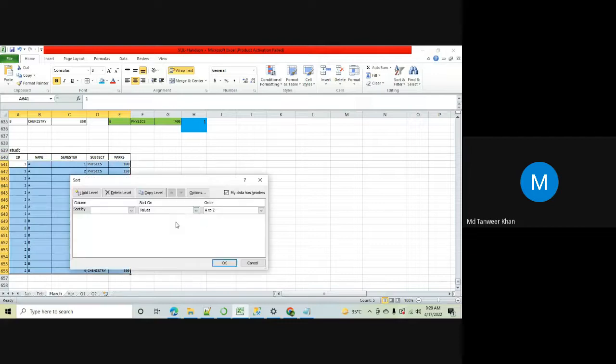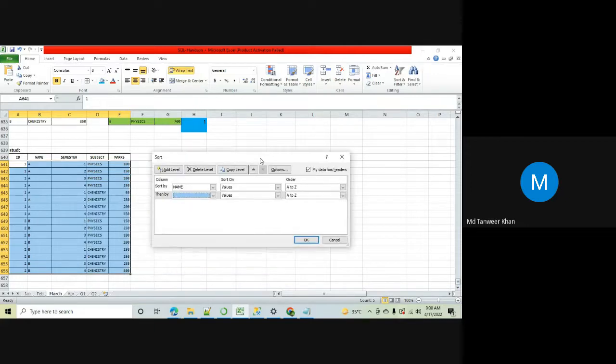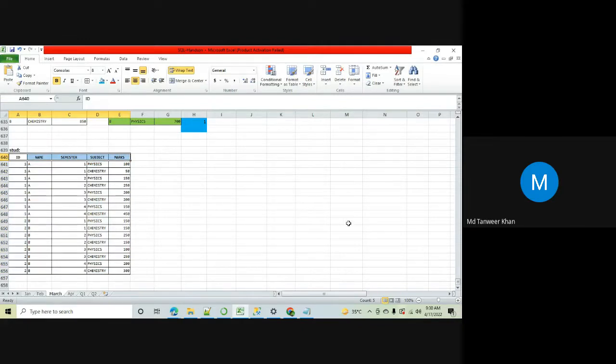Sort by name and semester. Now suppose the question is: tell me the student name and the semester name in which the marks obtained in physics are the same as the marks obtained in chemistry.